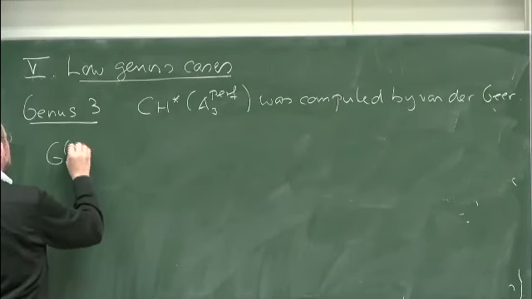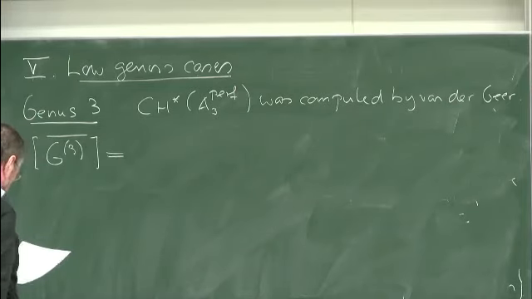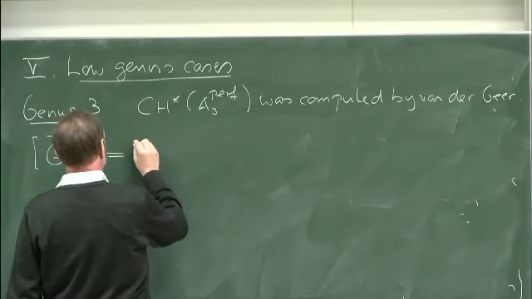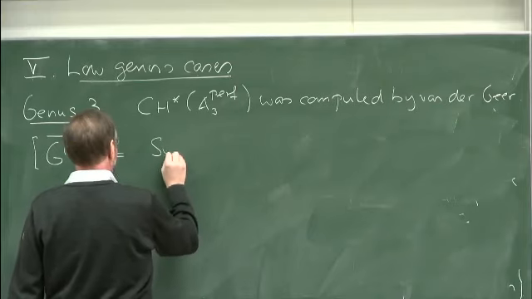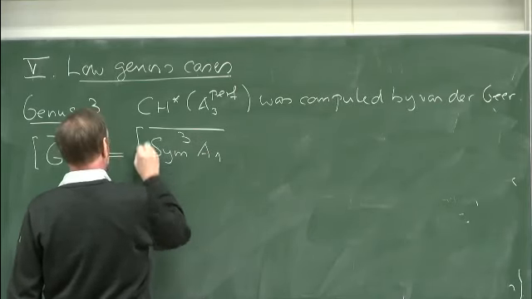So we have G3, take the closure of that, and that is, well, the same as I3, but it's Sym3 of A1, take the closure of that.